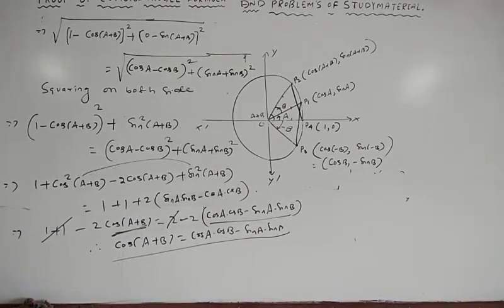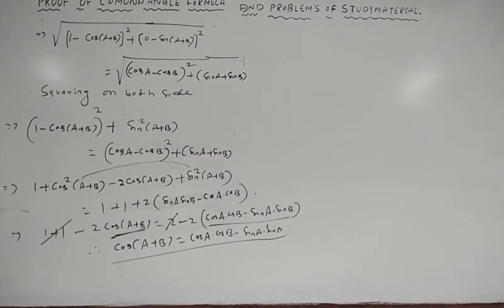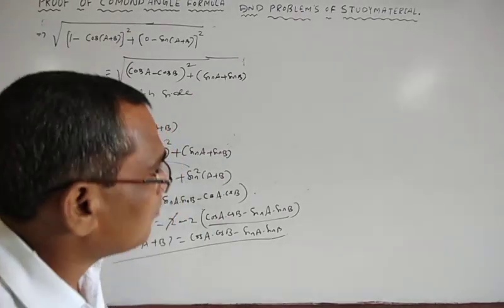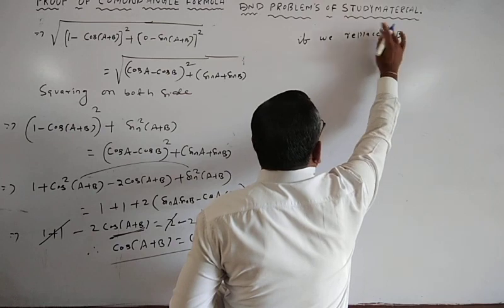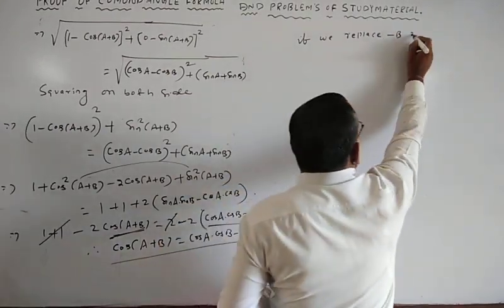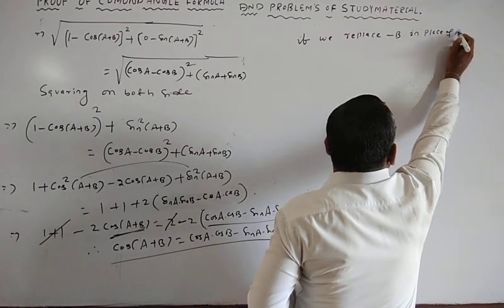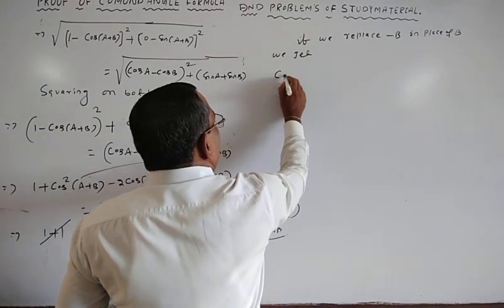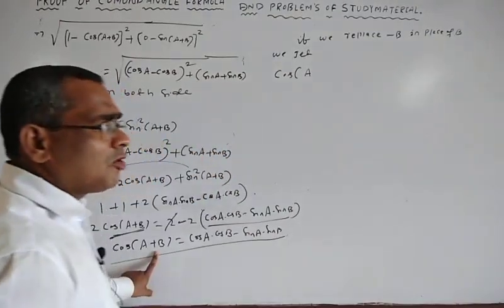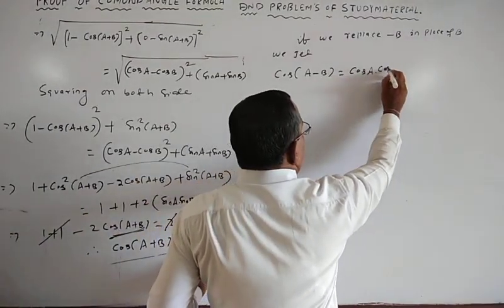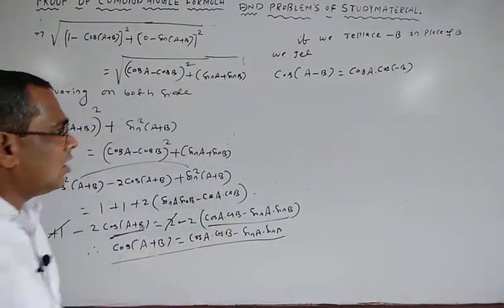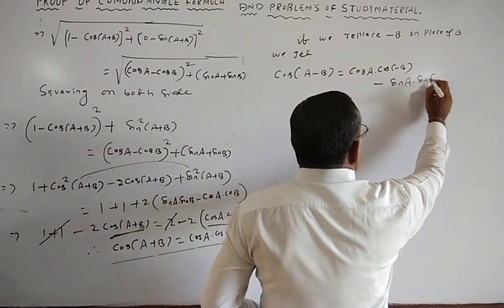Here we replace b by minus b. Cos of (a plus b) becomes cos of (a minus b), equal to cos a into cos of minus b minus sin a into sin of minus b.